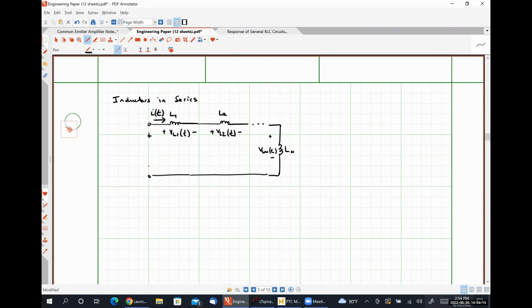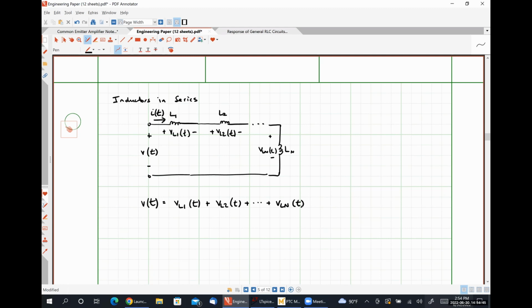And let's say, for the sake of argument, that there is just some voltage V of t across all of these inductors in series. If we apply Kirchhoff's voltage law around the loop, we find that our total voltage V of t is simply the sum of all of our voltage drops across each individual inductor. So VL1 of t plus VL2 of t all the way out to VLN of t.